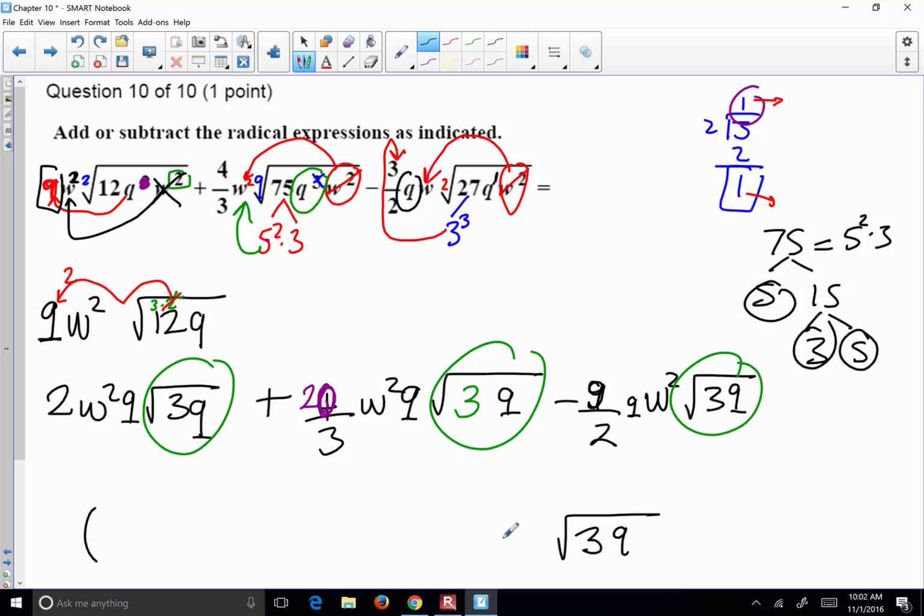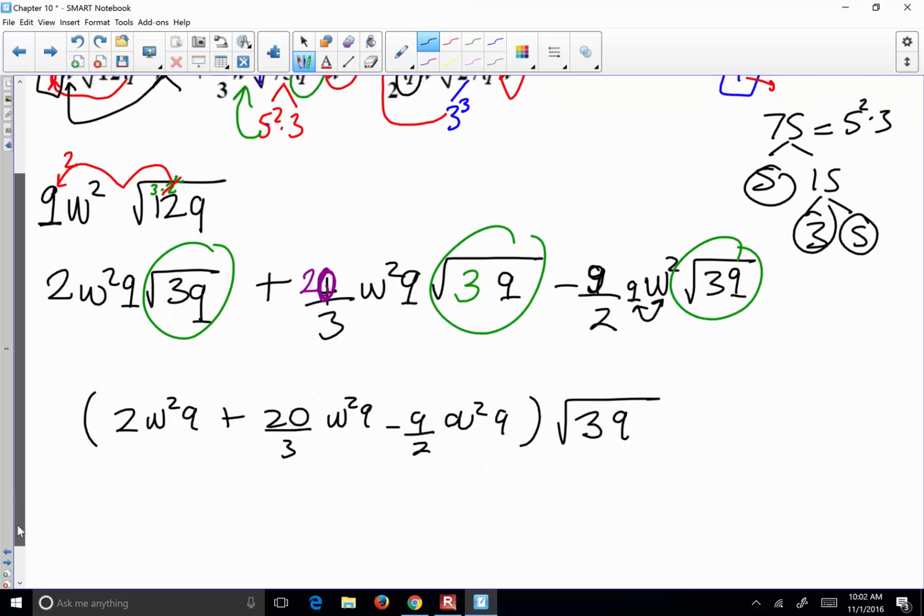But in parentheses, we will have all this junk: 2 w squared q, 20 over 3 w squared q, and minus 9 over 2 w squared q. This is q w squared, but I can flip it into w squared q.